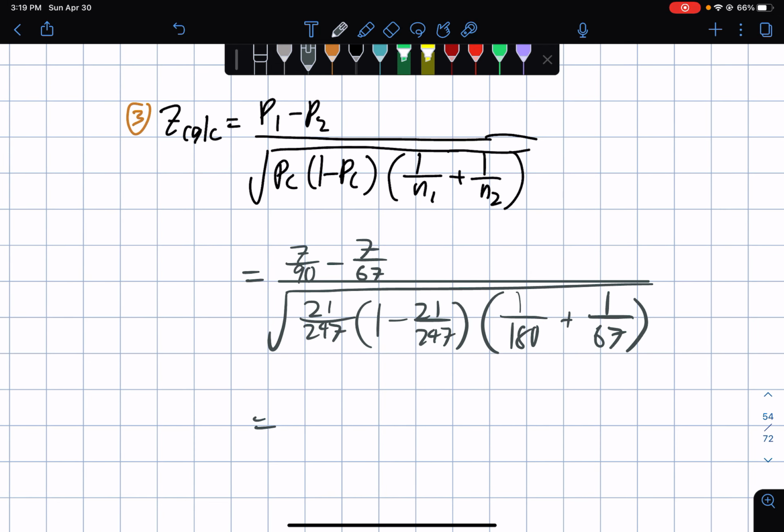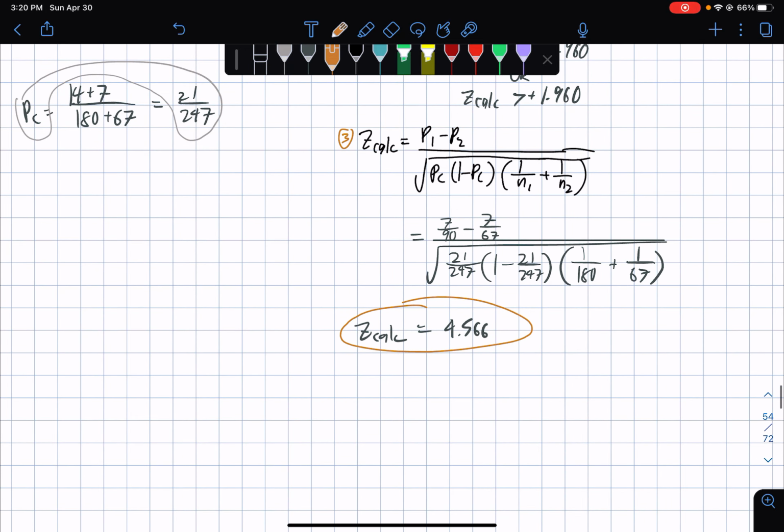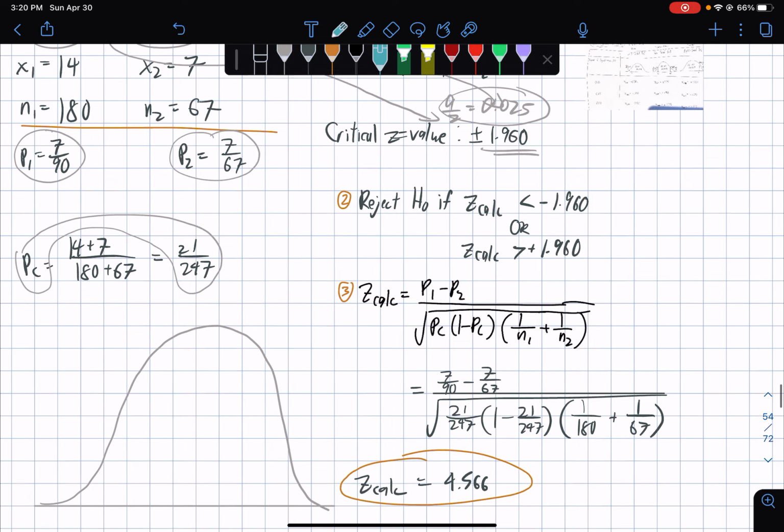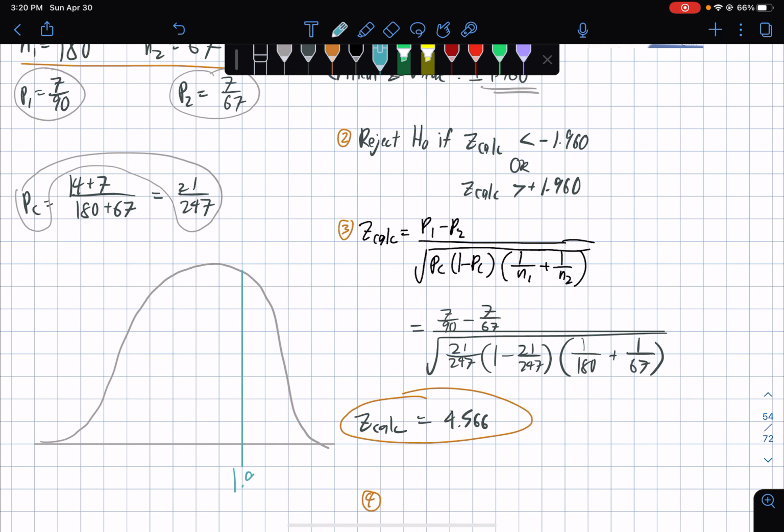Okay. We have 4.566. Plus minus 1.960, so 1 over there.